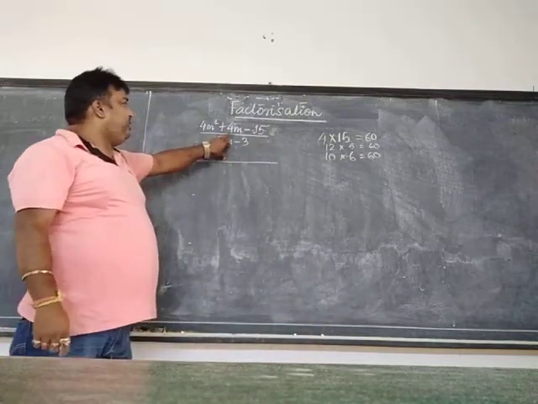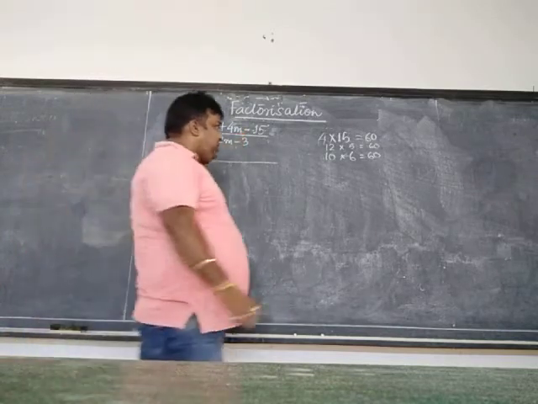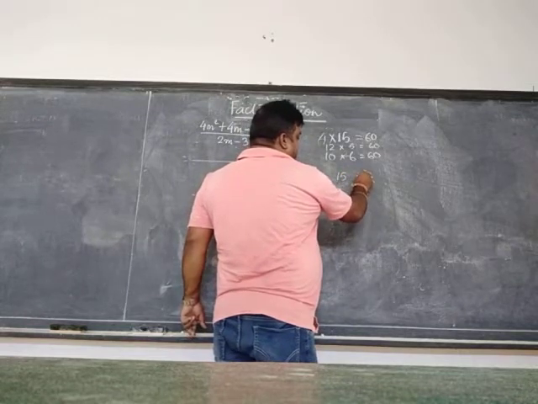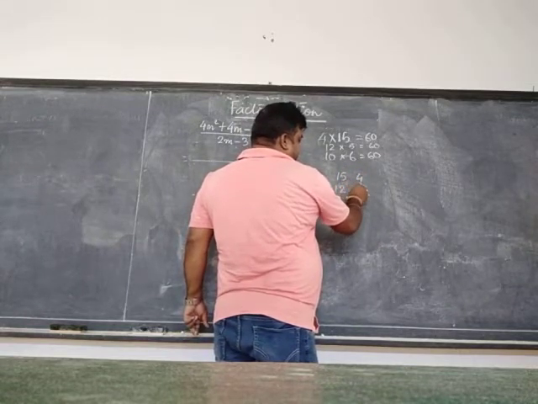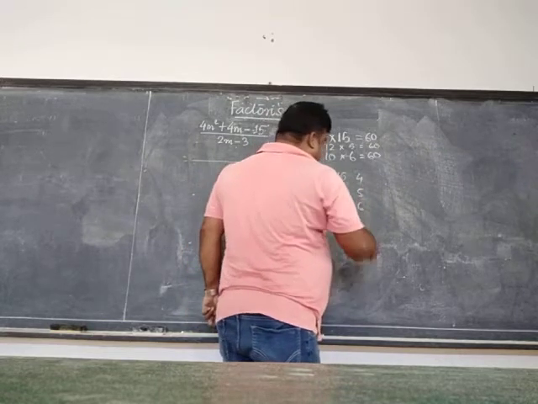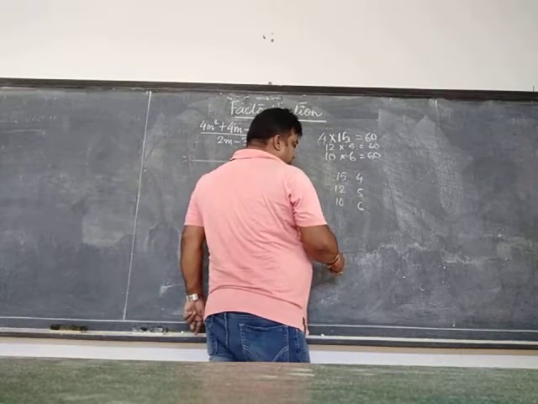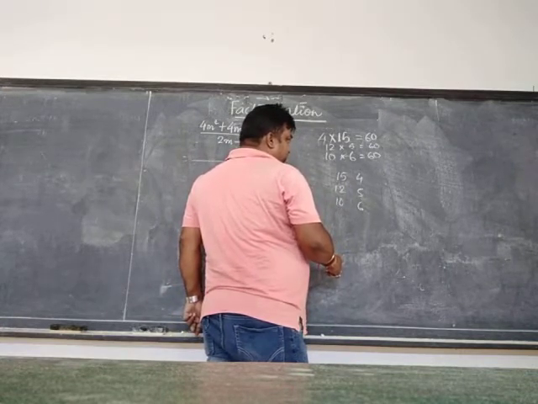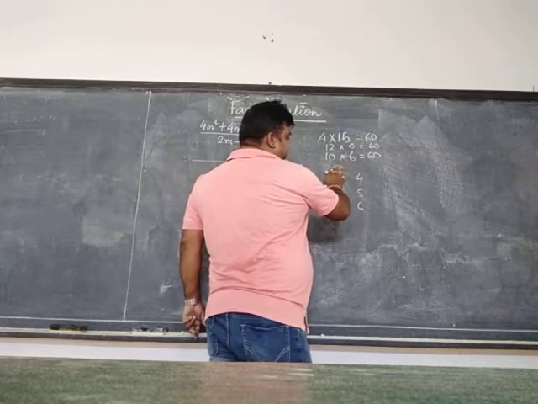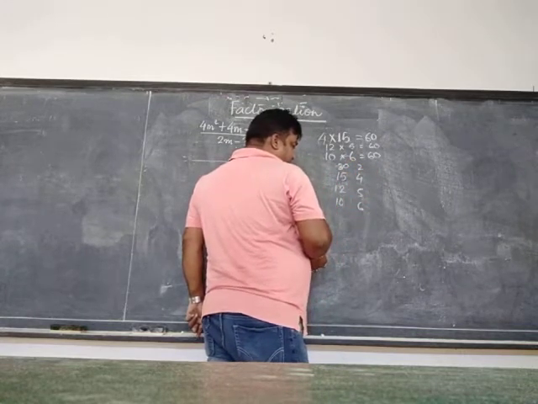So now here, what is the coefficient of m? That is 4. And what is the sign here? So just pairwise I am writing 15, 4, 12, 5, 10, 6. There are many other ways also we can get, like 10, 6 is there, then 30, 2 is also 60, isn't it?